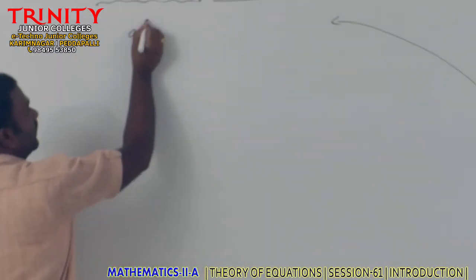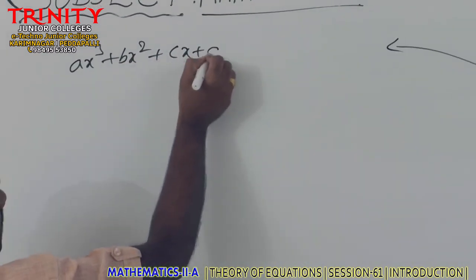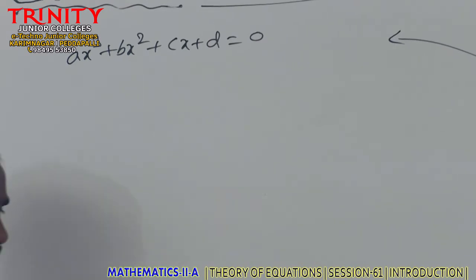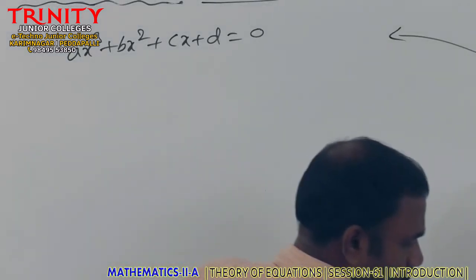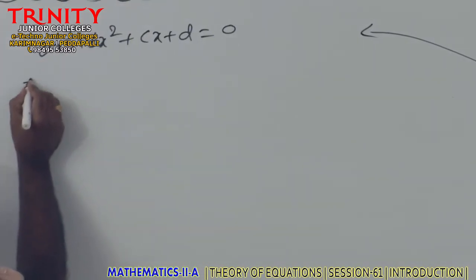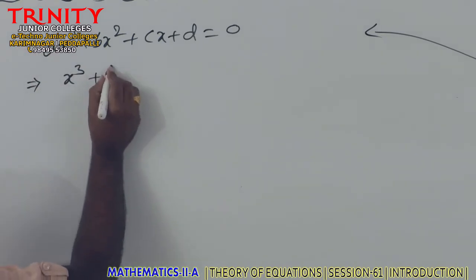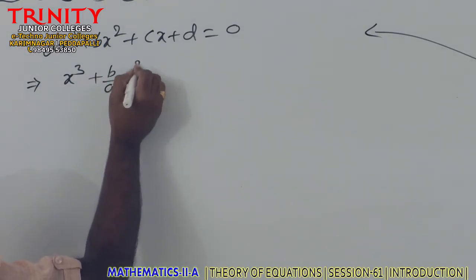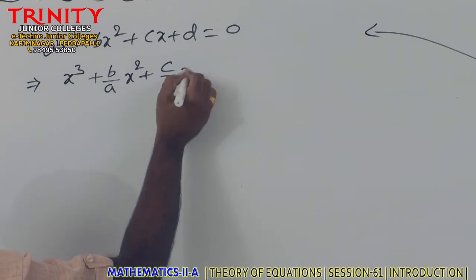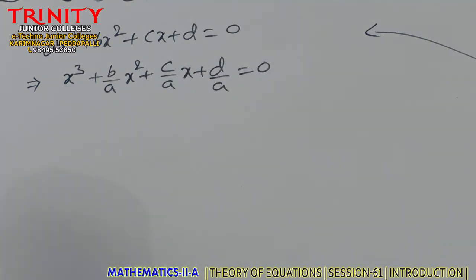Take the equation ax cube plus bx square plus cx plus d equal to 0. Here we have x cube coefficient as 1, so we change this one also to have x cube coefficient as 1. Take a as common, then it becomes x cube plus b by a x square plus c by a x plus d by a equal to 0.